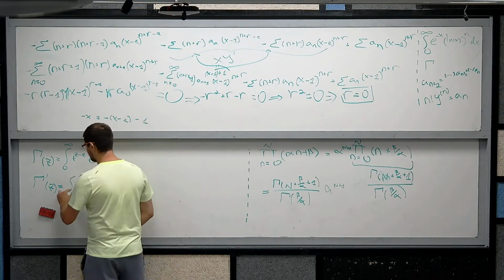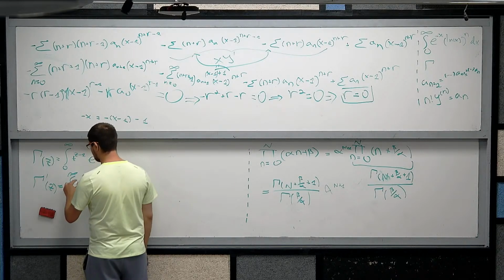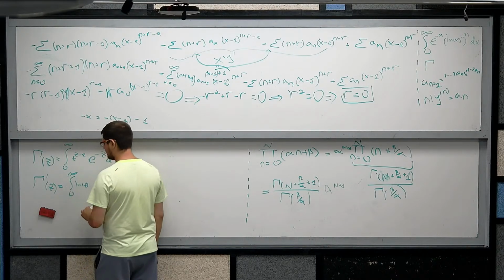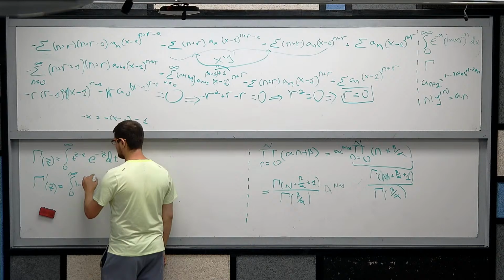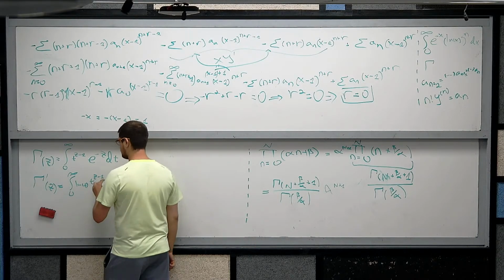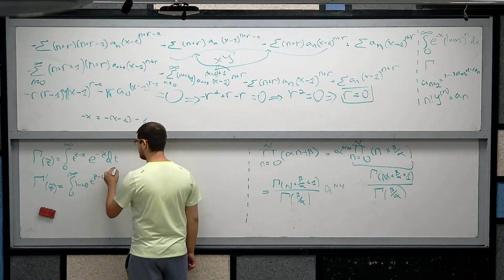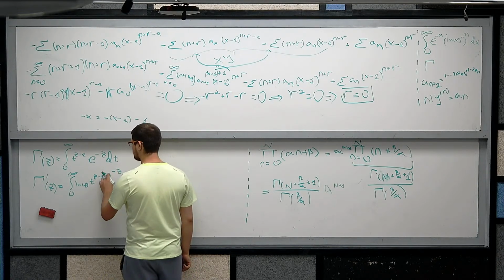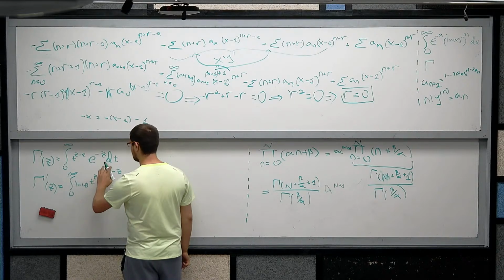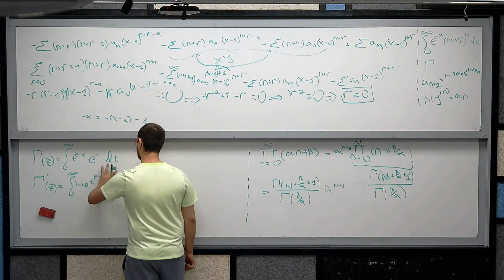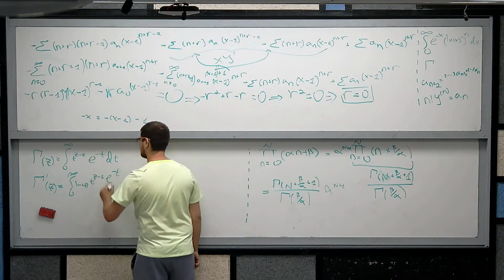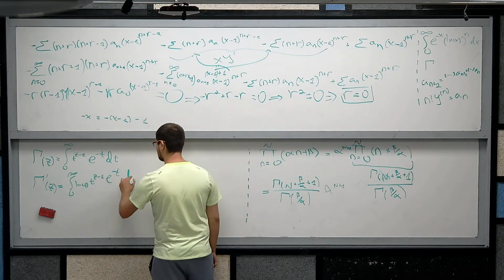I will just have the integral from 0 to infinity of ln of t times t to the z minus 1, e to the minus t. Wait, with respect to what? You wrote that... it's supposed to be t to the z minus 1, dt.